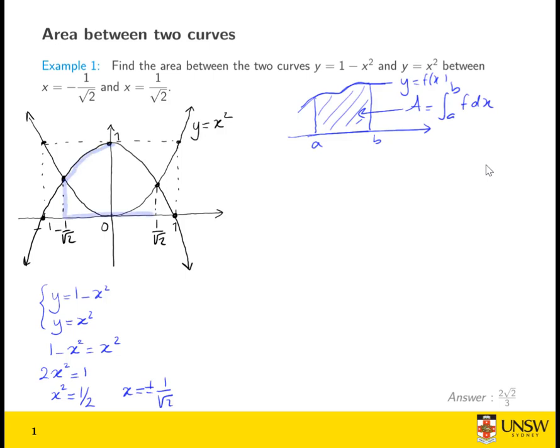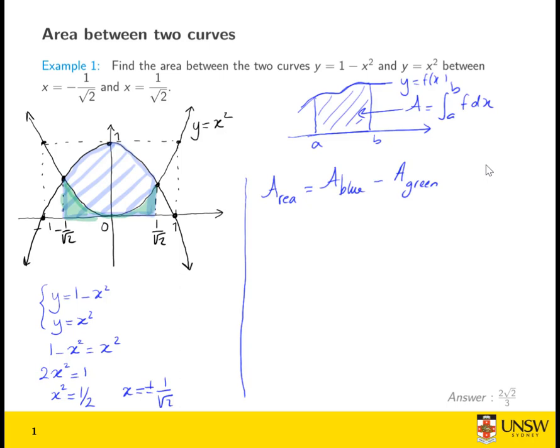If we calculate this blue area, and then subtract the area under the second parabola represented in green, what we will get will indeed be the area between the two curves. Let's do that. So the area we want is basically the blue area minus the green area.